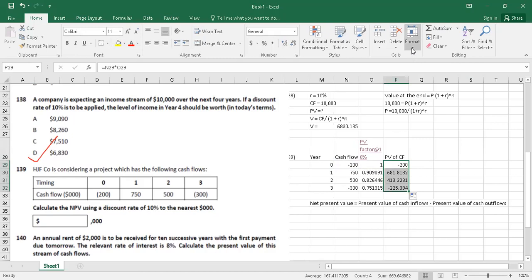When you add them all up, the cash outflows already have a negative sign, so if we simply add it up, using auto sum, we get the NPV value, which is 669.6469. Is that clear?